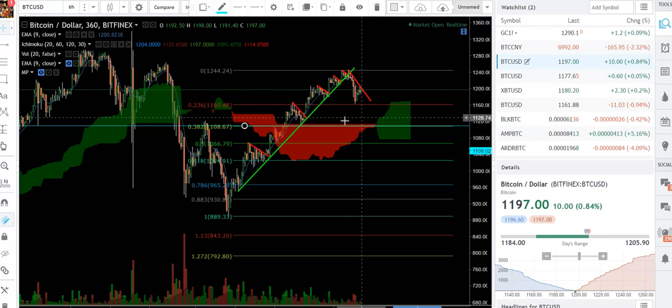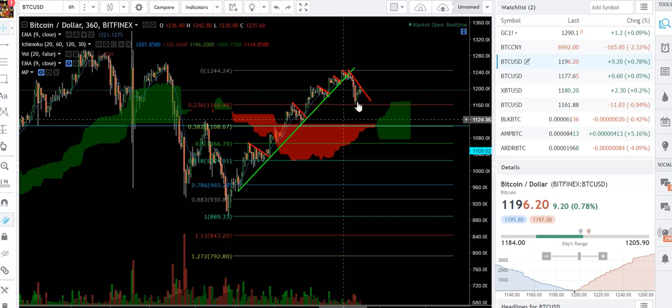That's where we start looking at moves making flags or moves making pennants, because this entire move could very well just chop around in this area and hold the 38% and flag up or create a pennant of some sort, or some sort of a bullish sign in the market that there's a continuation going to come out of it.